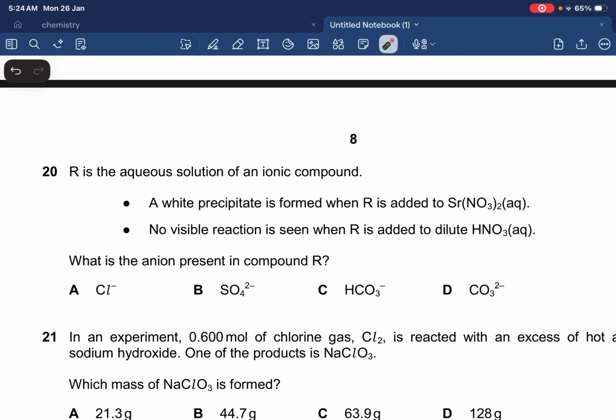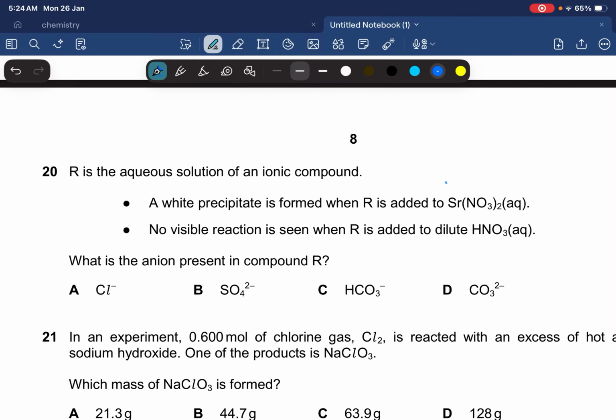R is an aqueous solution of an ionic compound. A white precipitate is formed when R is added to strontium nitrate. Okay. So we know that R must contain strontium. Strontium sulfate, SO4, is going to be insoluble.